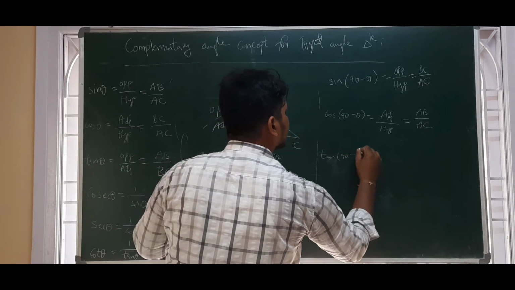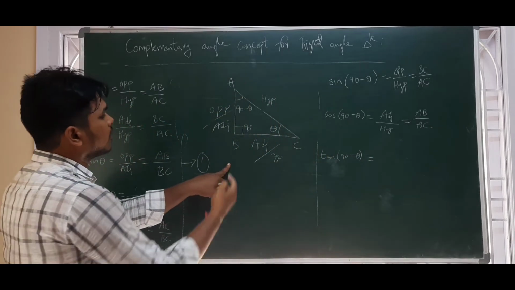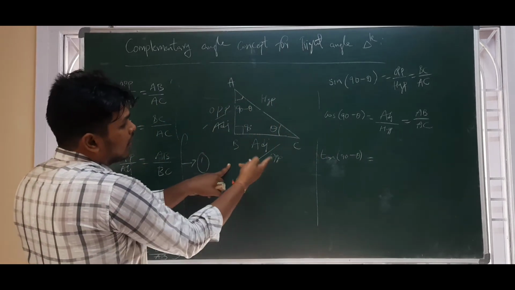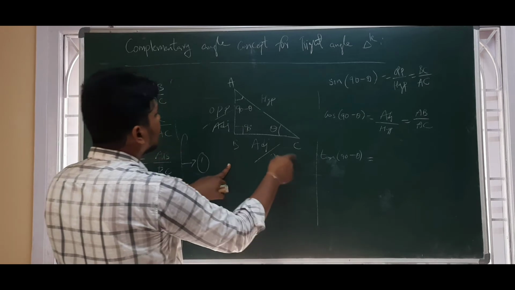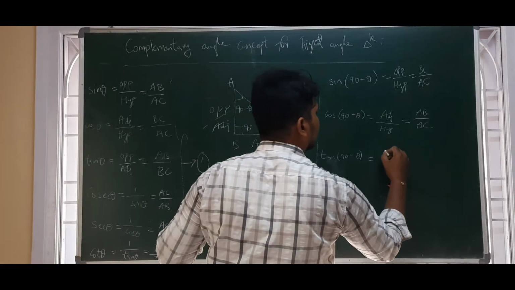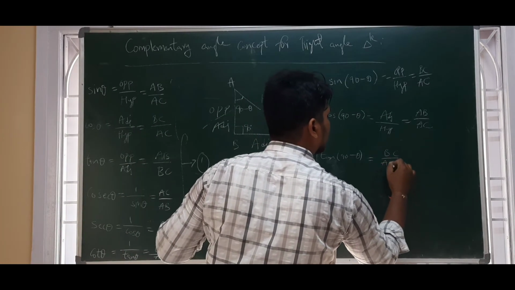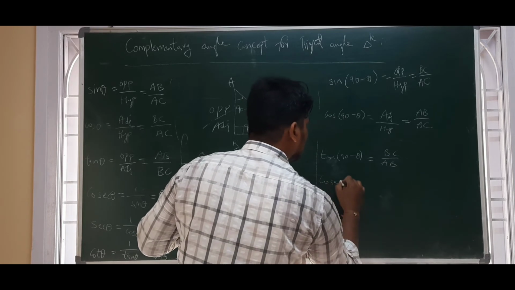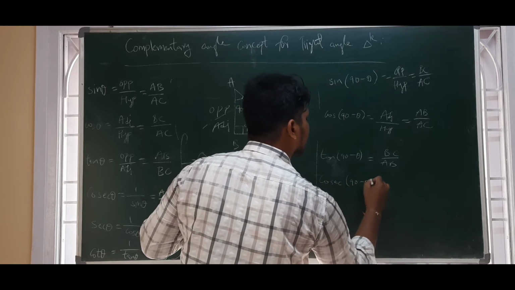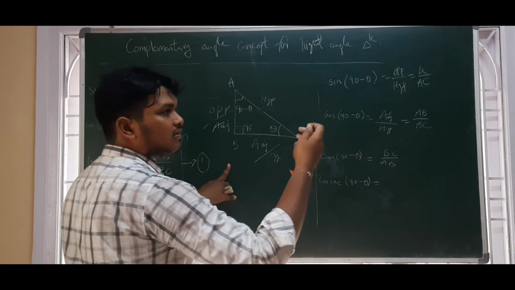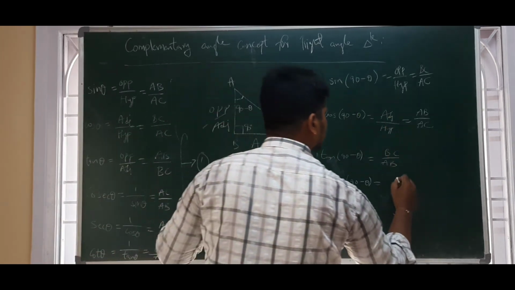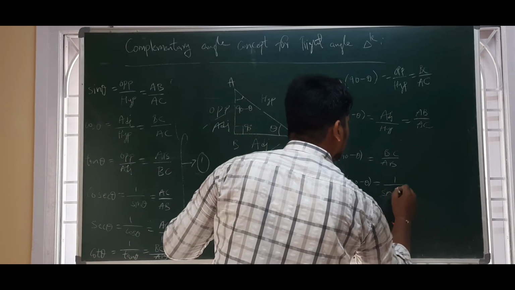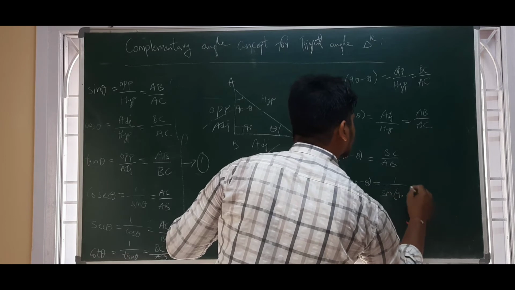Tan 90 minus theta. What happens now? Tan means opposite side by adjacent side, which means BC by AB. Cosecant 90 minus theta. As I told you earlier, cosecant means the reciprocal of sine, which means 1 by sine 90 minus theta.